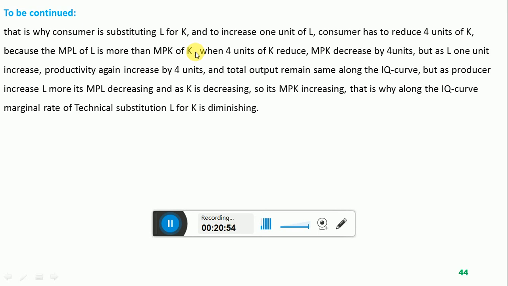Capital produces 1 extra unit and extra labor produces 4 units. So when 4 units of K reduce, marginal productivity of the capital decreases by 4 units, but as labor 1 unit increases, output again increases by 4 units, and the total output remains the same along the isoquant curve.